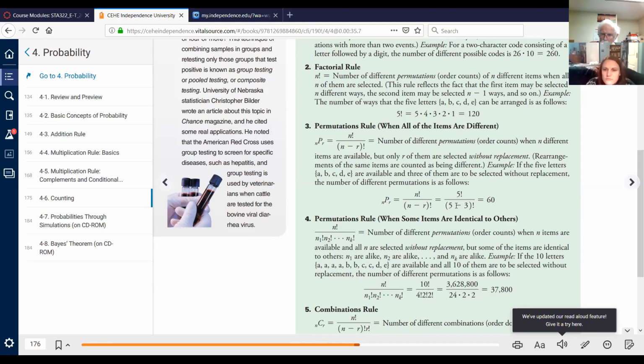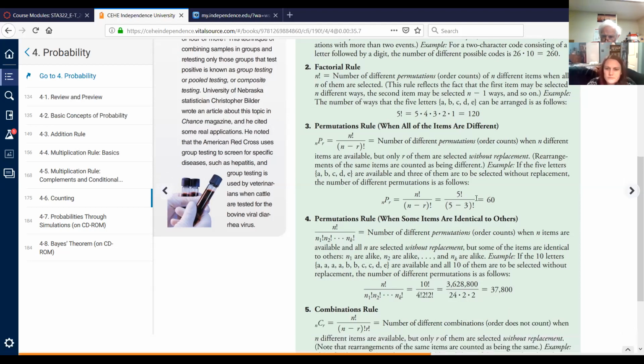Okay. 5 minus 3 is 2. 2 factorial is 2 times 1. We can simply cross out the 2 times 1 from the numerator and multiply 5 times 4 times 3. And that gives us 60. 5 times 4 is 20, times 3 is 60. So what we do is we do this first, and then we just take out the rest of it.